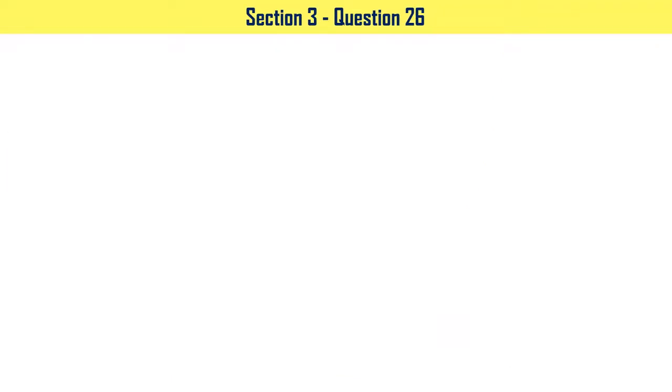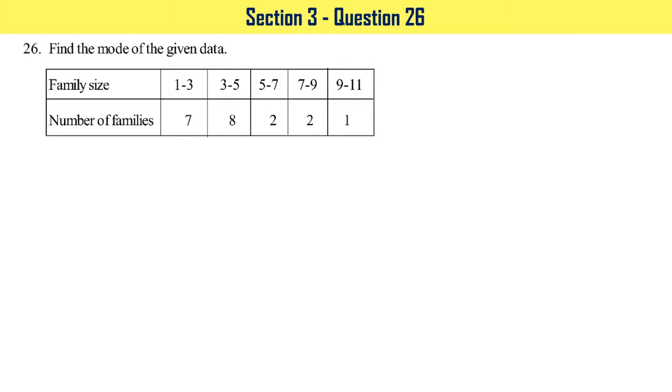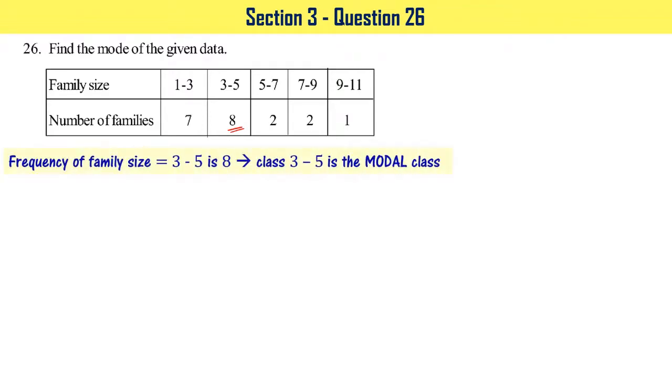Question number 26. Find the mode of the given data. Family size is given and number of families is given. As you see here, the number of families is the frequency in this particular table. 8 is the biggest number. The frequency of family size 3 to 5 is 8, which is the bigger number.